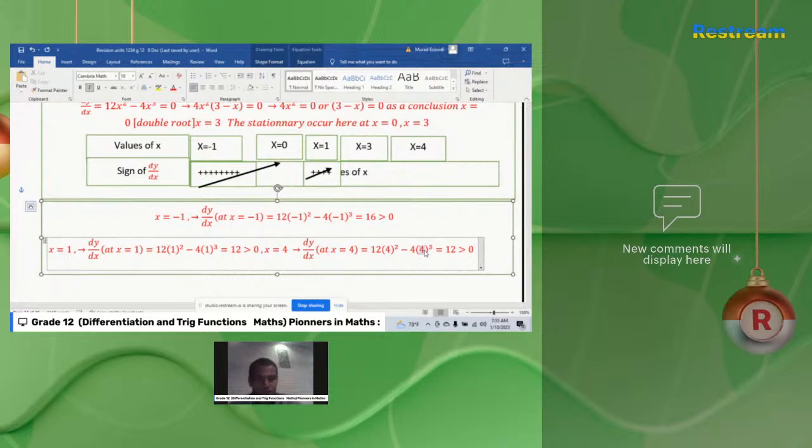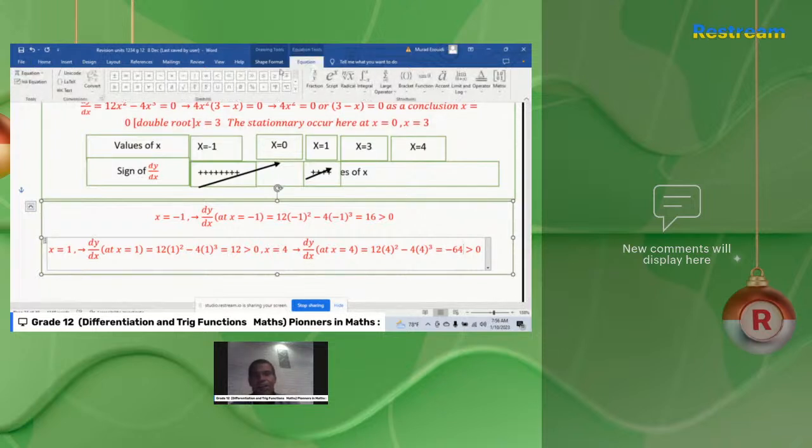So this is 16 multiplied by 12, minus 4 into 64. This gives negative 64, equal to negative 64. So the sign is negative.